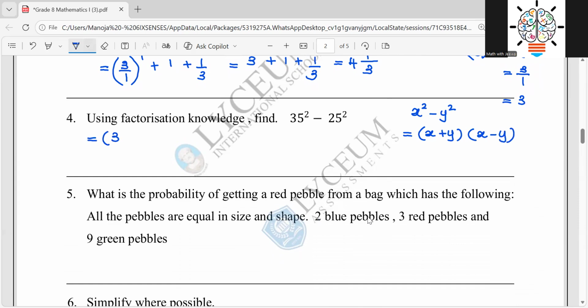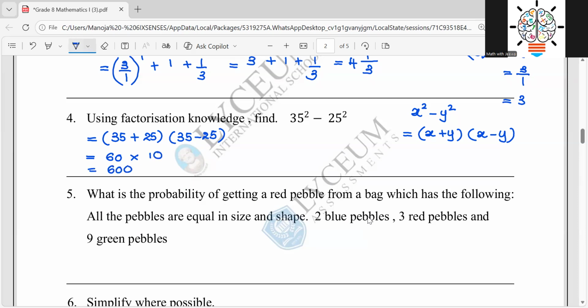You can write 35 plus 25 and 35 minus 25. So then 35 plus 25, what is the answer, children? First you want to add them together, right? 35 and 25 when you add, it gives me 60, and multiplied. So then 35 minus 25, the answer is 10. Then the answer is 600.